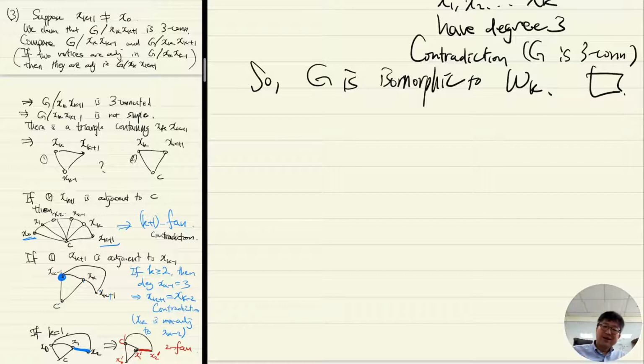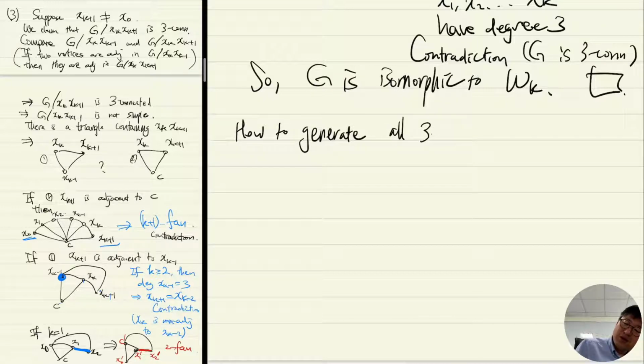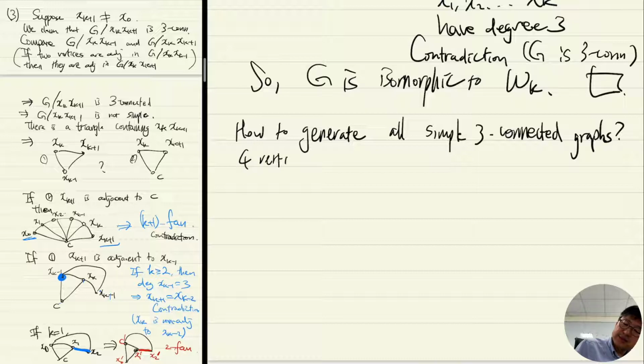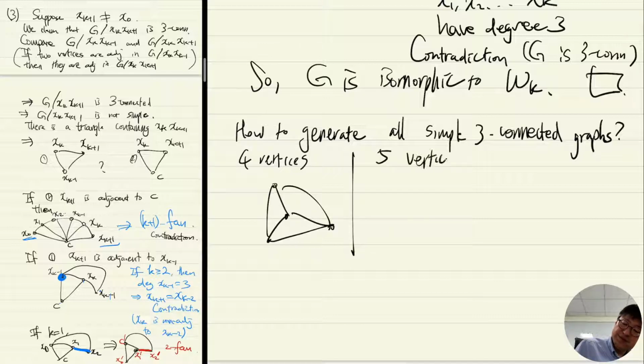So how to generate all simple 3-connected graphs? On 4 vertices there's this unique graph, right? There's only one. What about 5 vertices?